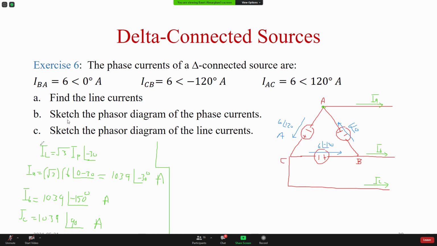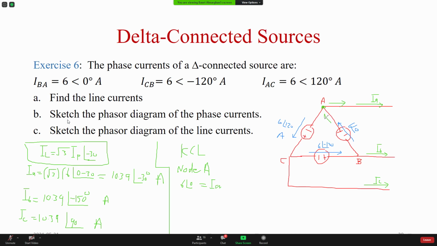This is one way, which is using this concept that we got from before. Or there is another way, use Kirchhoff's current law, which is longer, but it's the same thing. You come to the node A, this node here. The current coming to the node is the 6 angle 0. Leaving, IA is leaving the node. You can see it's going away.